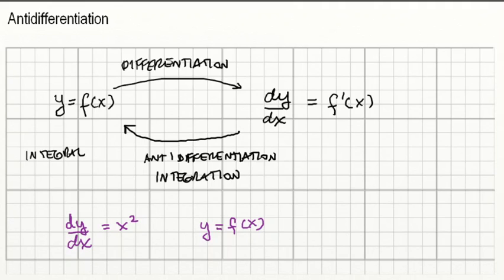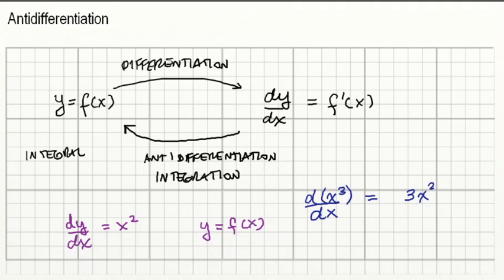So if we remember our differentiation process, if I differentiate x to the power of 3, I should get something with x squared, right? So when we have power functions, we drop the exponent 3 and we subtract it by 1. So we know that the derivative of x to the power 3 would be 3x squared.